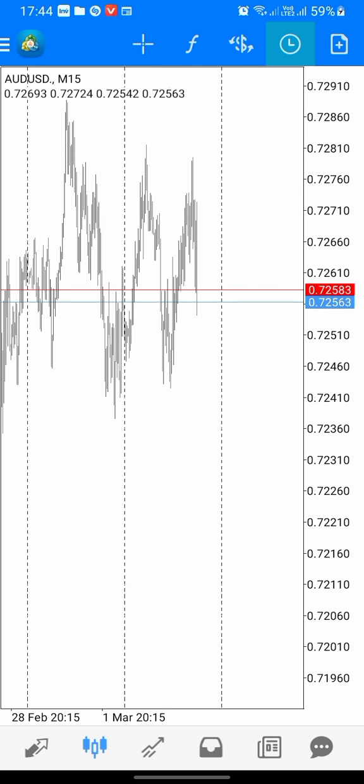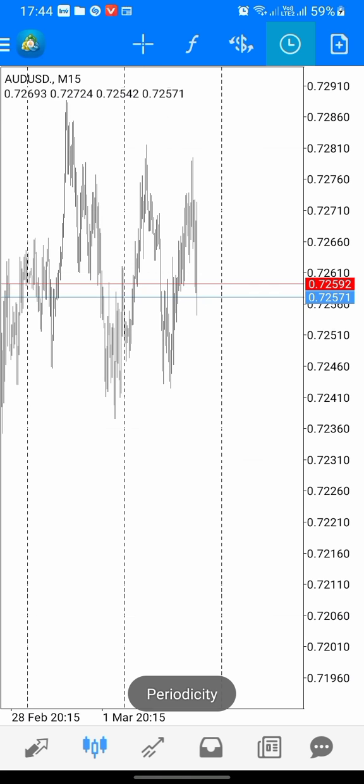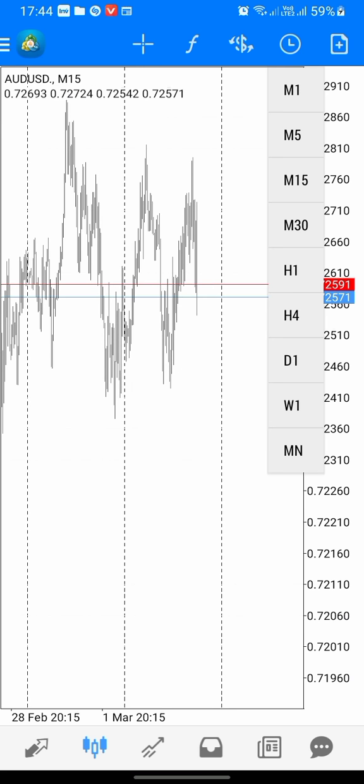Then you have your periodicity, which is usually time frames, so we call them that. When you click them, you see the time frames that you will be using: your 1 minute, your 5 minutes, your 15 minutes, your 30 minutes, your 1 hour, your 4 hours.